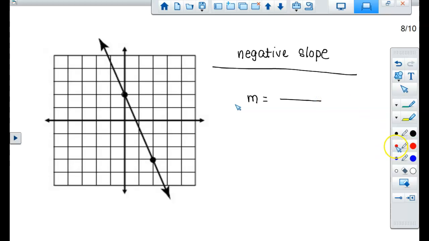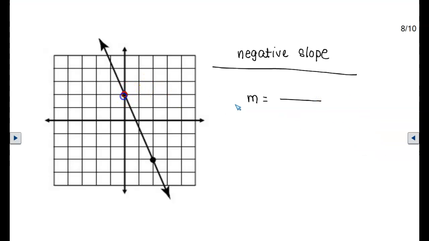So I'm going to start at my leftmost point. And I can see that when I rise, I'm going to go down to get to that other point. I'm going down 1, 2, 3, 4, 5 spaces, so down 5. So that means my rise is a -5.